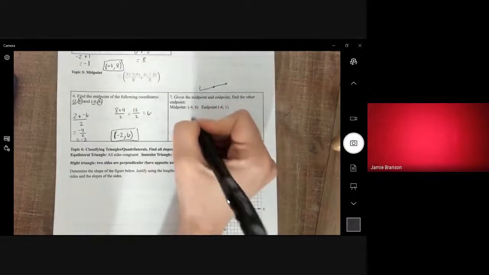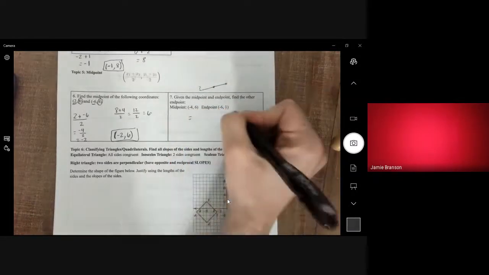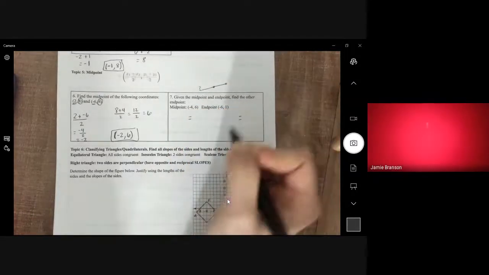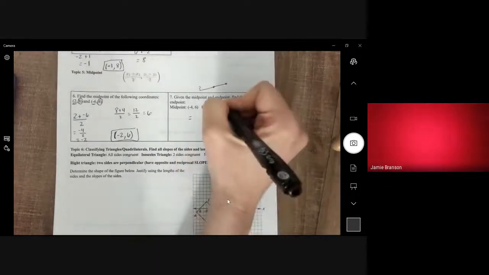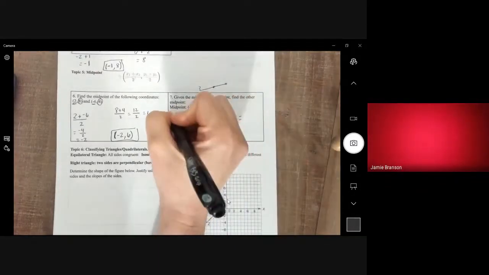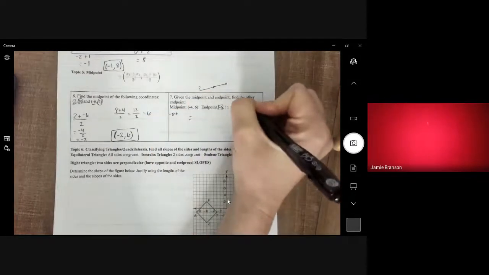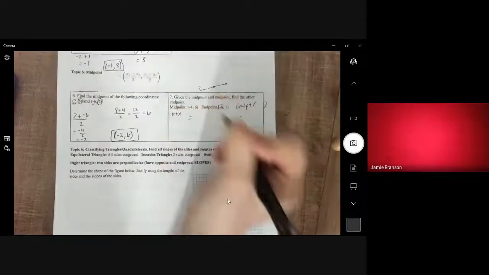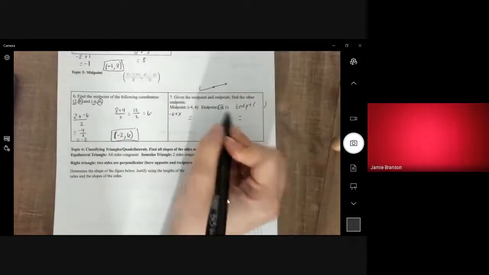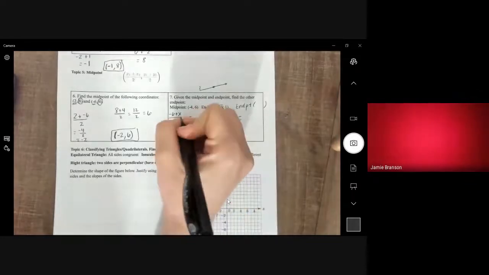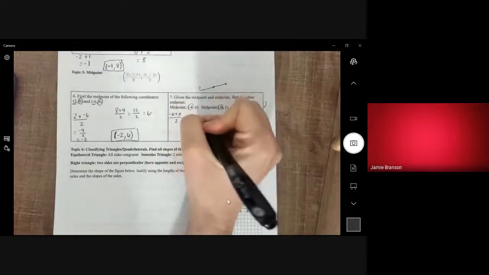Okay, so the midpoint is basically what you're going to be equal to. I'm going to do my x's on one side and my y's on the other. So they give us 1 x is -6. Okay, we don't know the other x because that's going to be from the other endpoint. So that's what I'm looking for. So -6 plus something divided by 2 should give me -4.